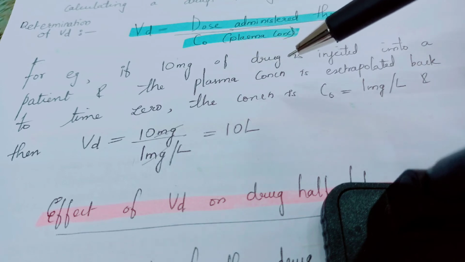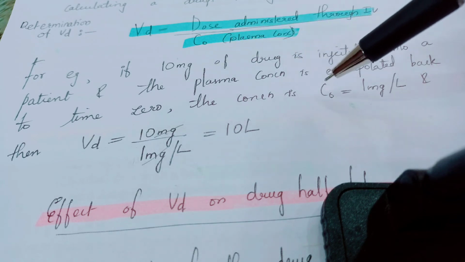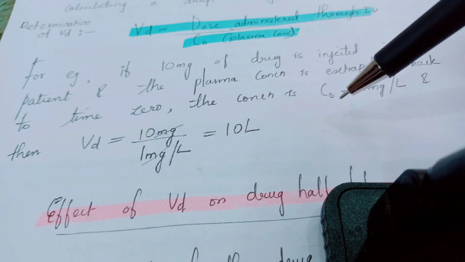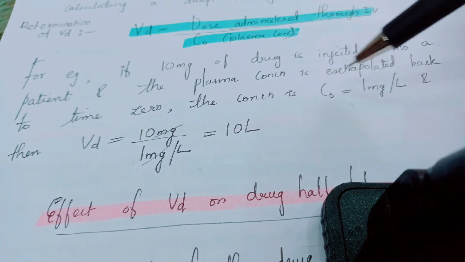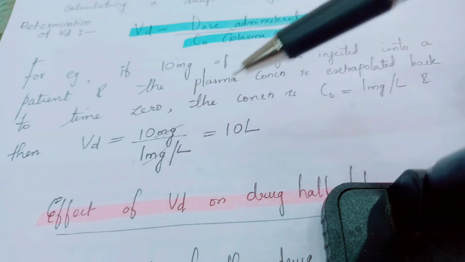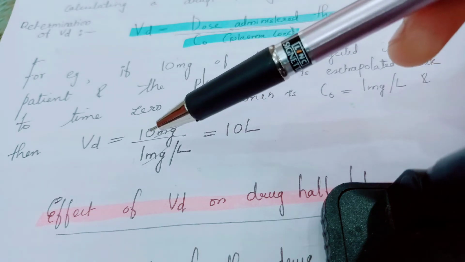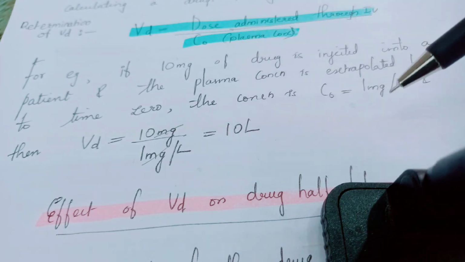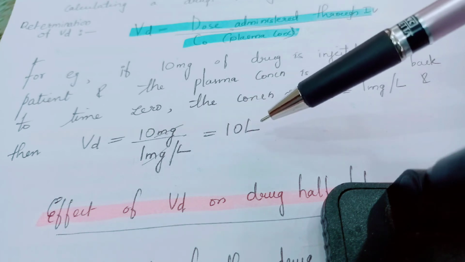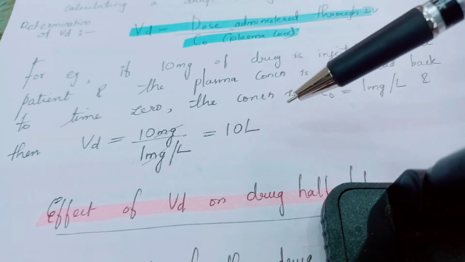For example, if 10 milligrams of drug is injected into a patient and the plasma concentration extrapolated back to time zero, C0, is 1 mg per L, then VD is the dose administered through IV, 10 mg, divided by the plasma concentration, 1 mg per liter, which is equal to 10 liters. So this is the VD in this case.